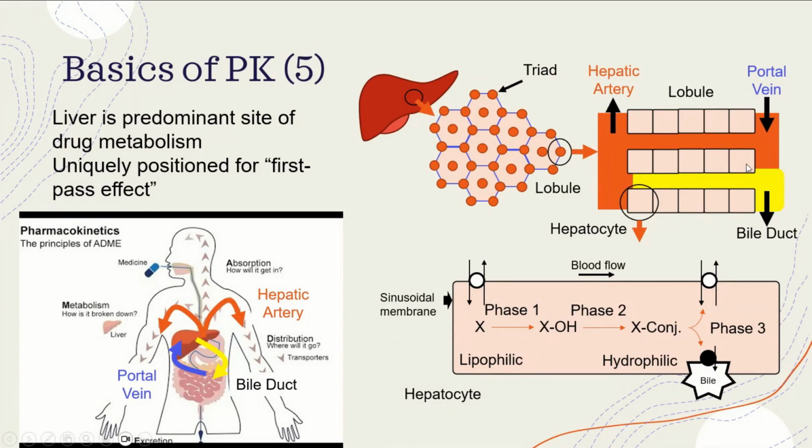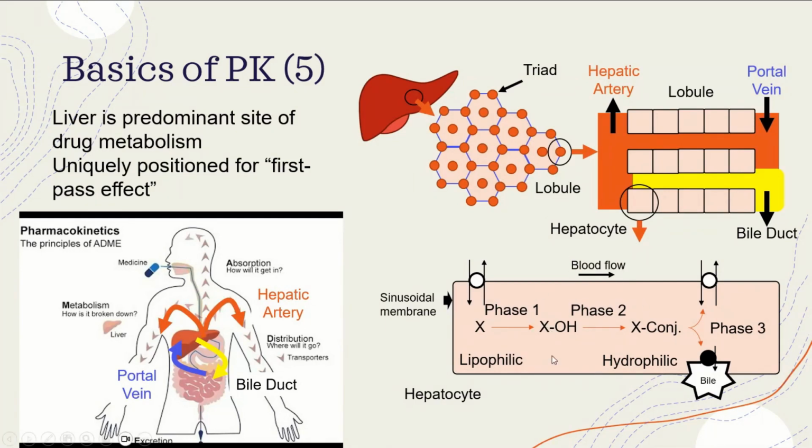So we have the portal vein coming in, bringing the xenobiotic. We have the hepatic artery that's able to transport it into distribution. And then we have the bile duct that is pumping it back into the intestine. And the real workhorse of the liver that is telling the xenobiotic which direction to go is called the hepatocyte.